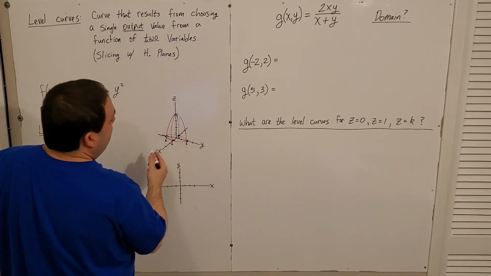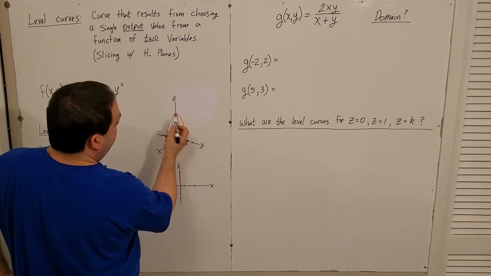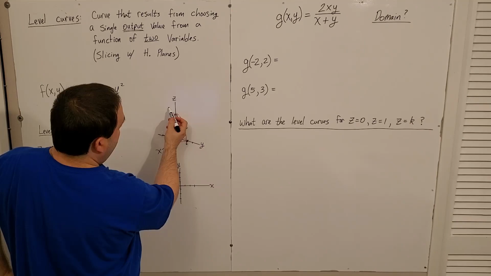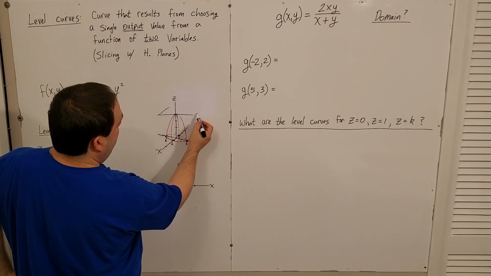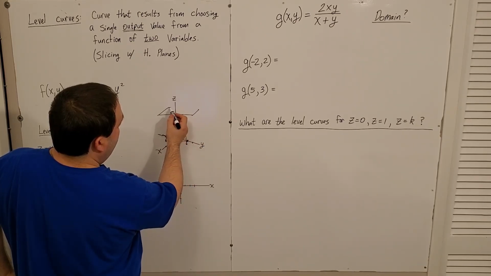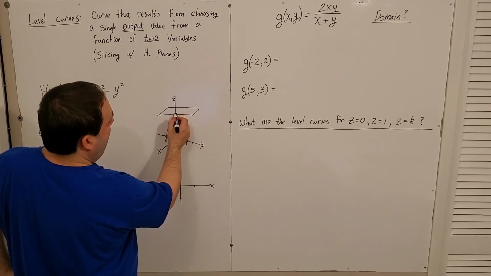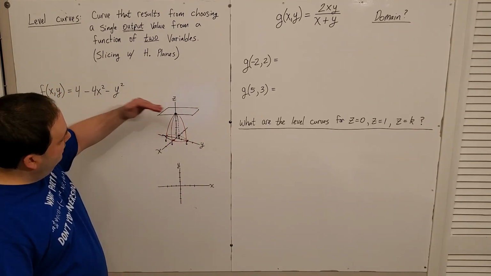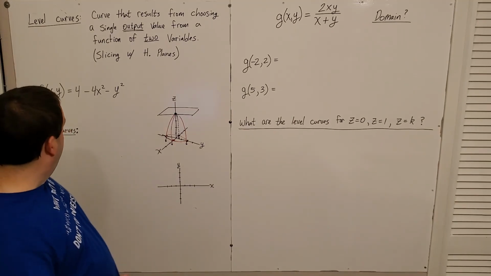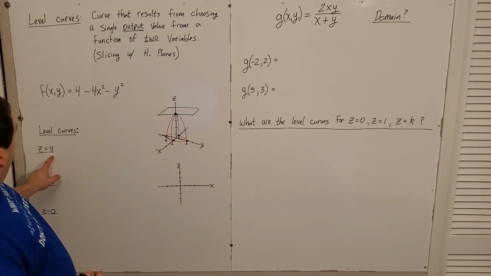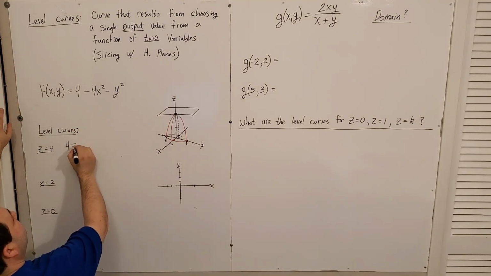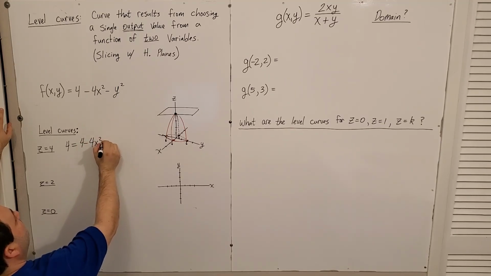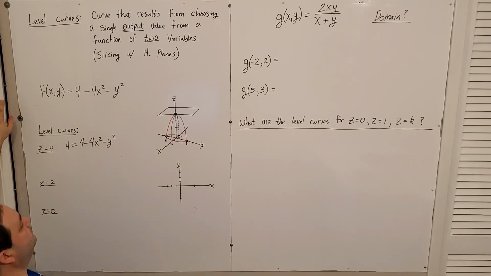On the graph, if I draw a plane at z equals 4, something like this, it would hit the top of that paraboloid, and it would just be a single point. So at z equals 4, if I put 4 in for z, I would get 4 equals 4 minus 4x squared minus y squared.